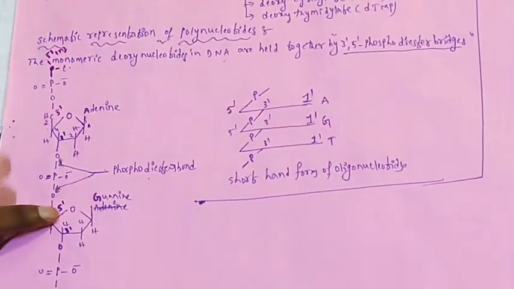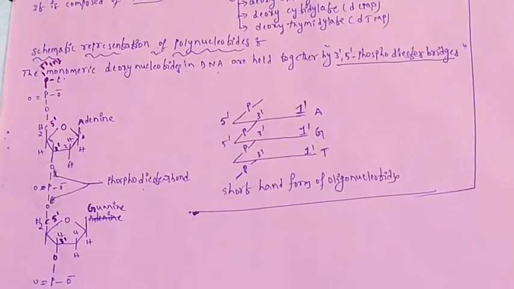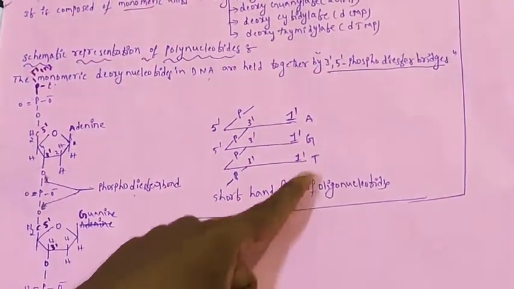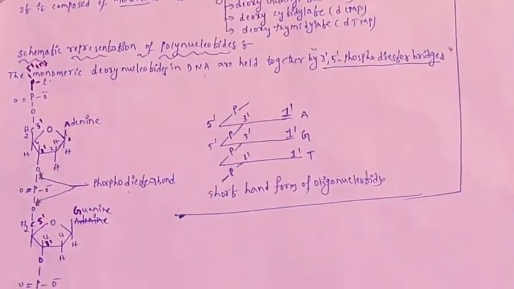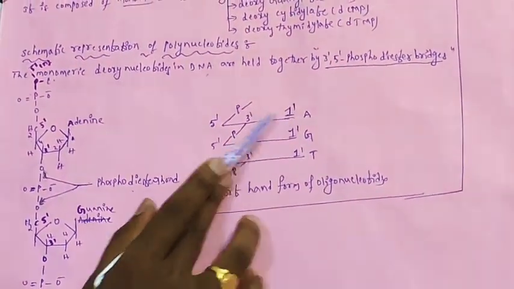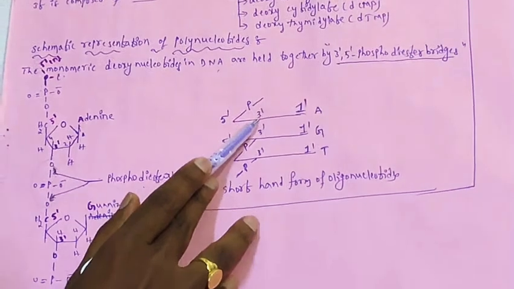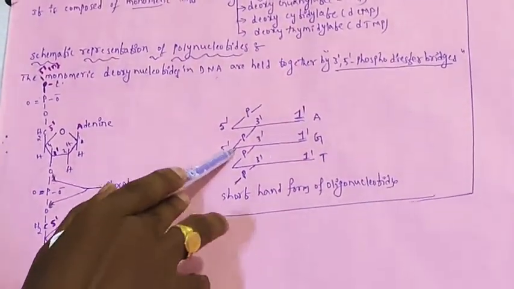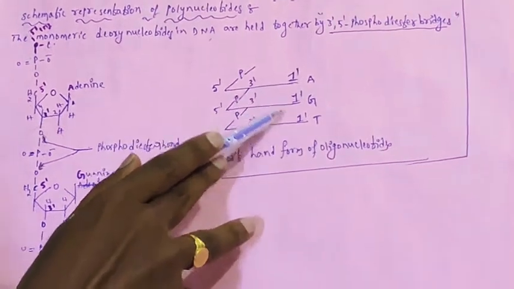Here, 3'5' phosphodiester bridges. And you can see this is the shorthand form of oligonucleotides, meaning simply we can represent it like this. The third carbon of this nucleotide is connected with the next nucleotide. This is one nucleotide, this is one nucleotide.